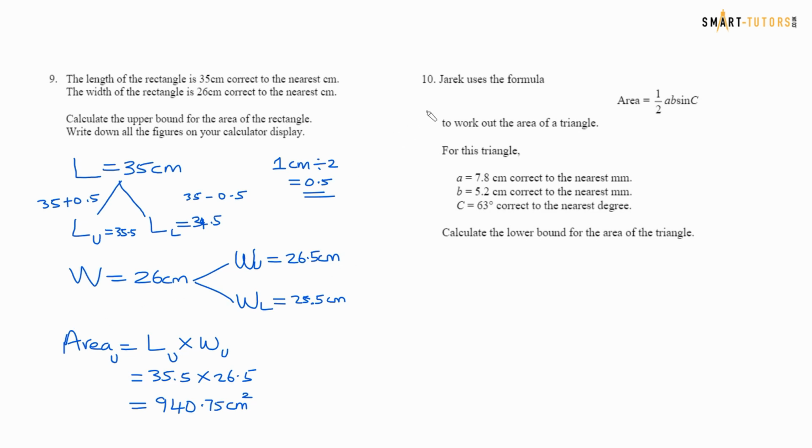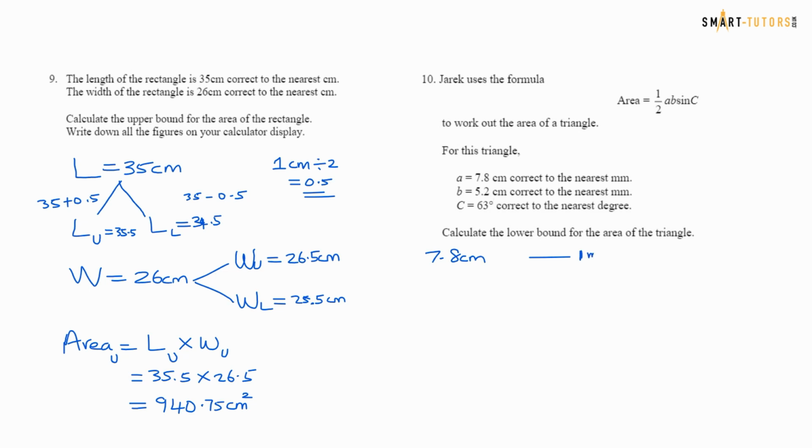Question number 10. Jared uses the formula area equal half AB sine C to work out the area of a triangle. For this triangle, A equals 7.8 centimeter, nearest millimeter.